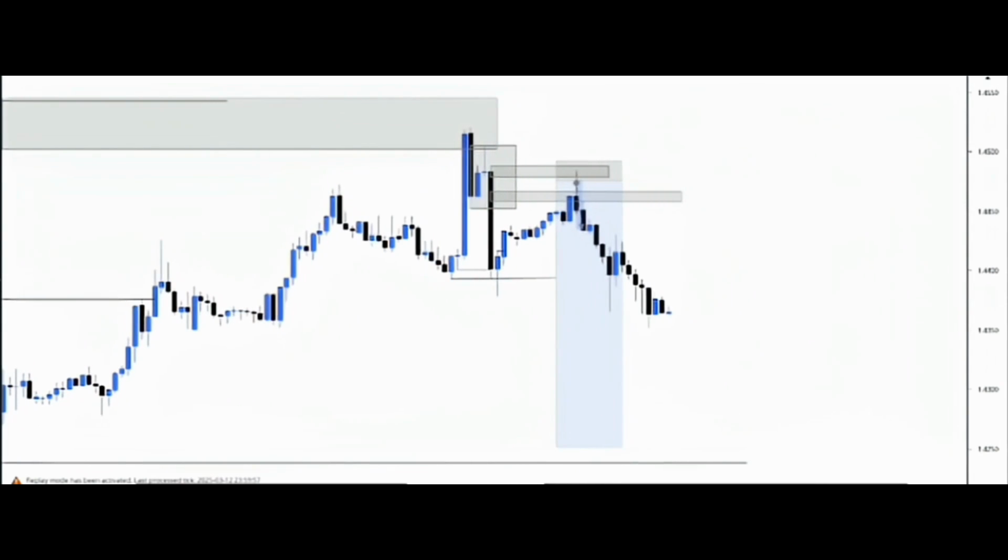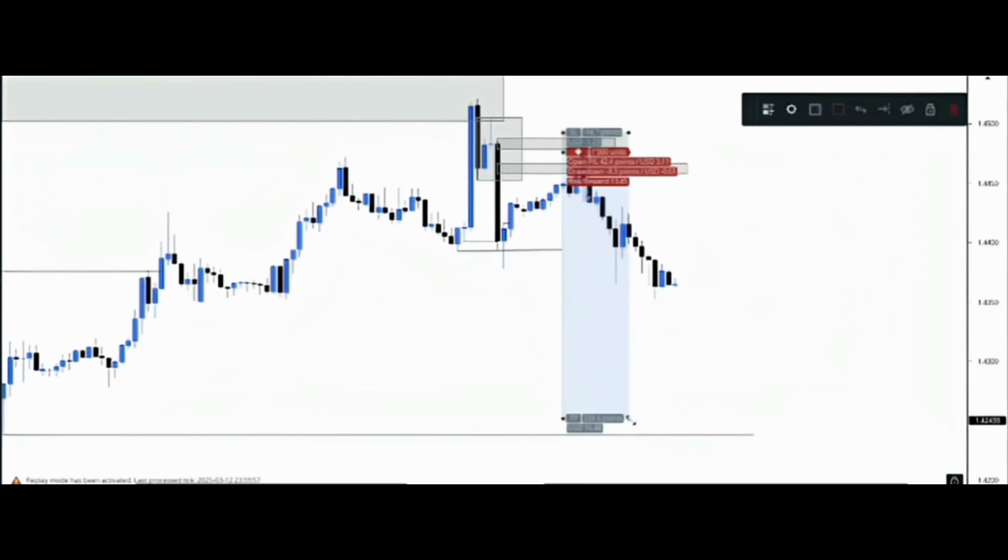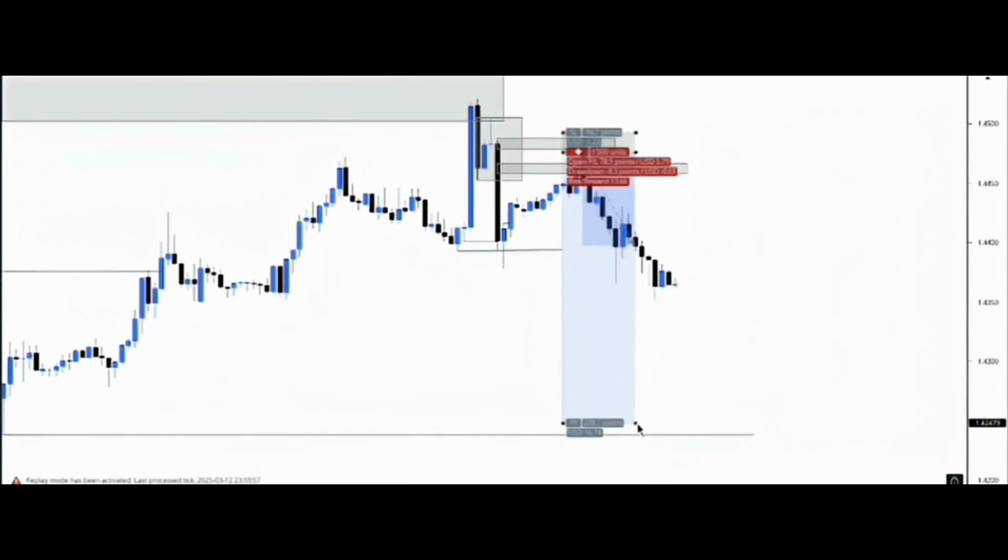So price is beginning to move in our direction. This is not cherry picking, okay? This you can find everywhere on your chart. So let's continue.